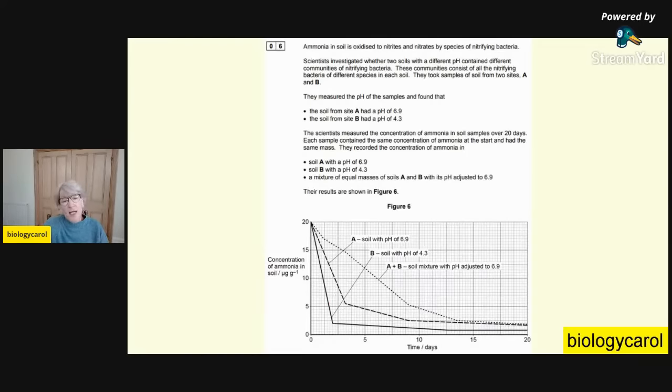This is slower, and this is even slower still. Now, that is already saying to me that definitely the bacteria in soil sample B don't like being at 6.9. They prefer 4.3.